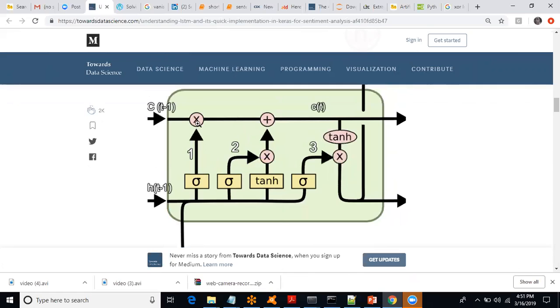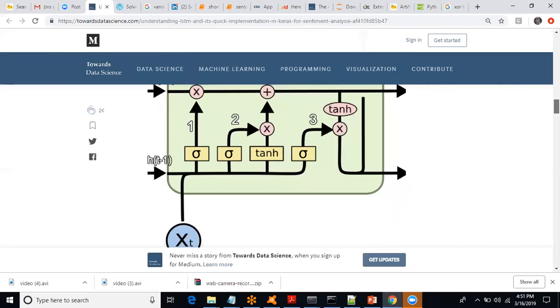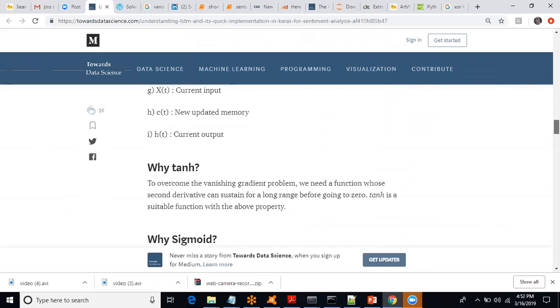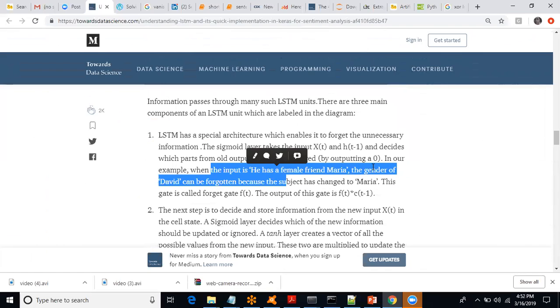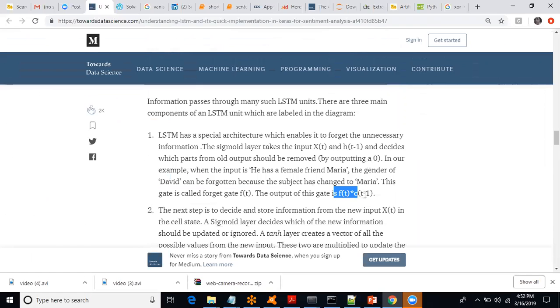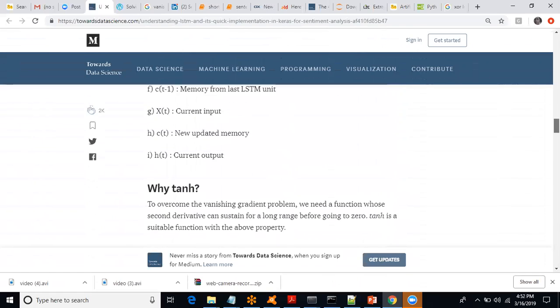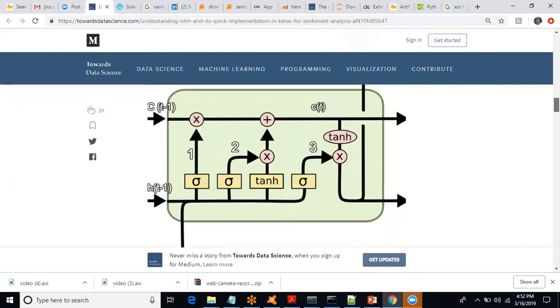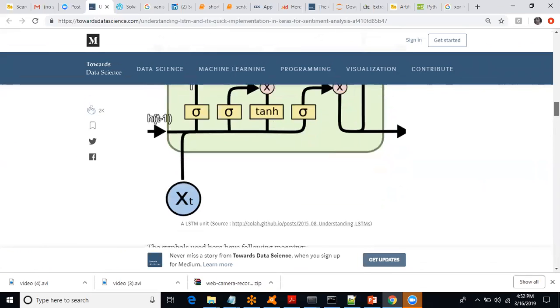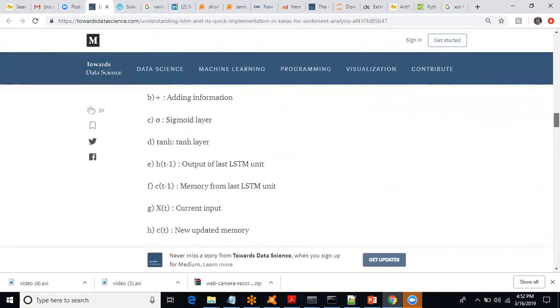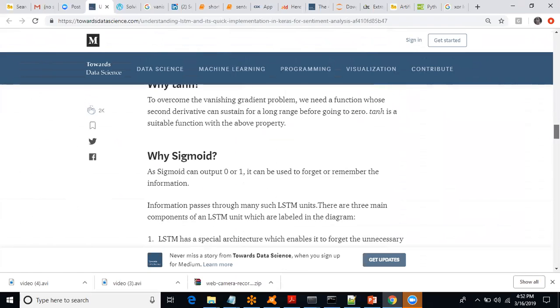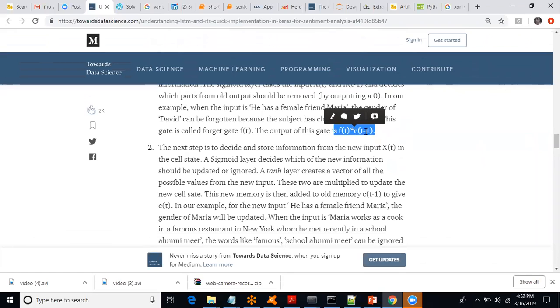This is the first step, f of t into c of t minus 1. And then the next thing you get is the information of the new input x of t in the current state.